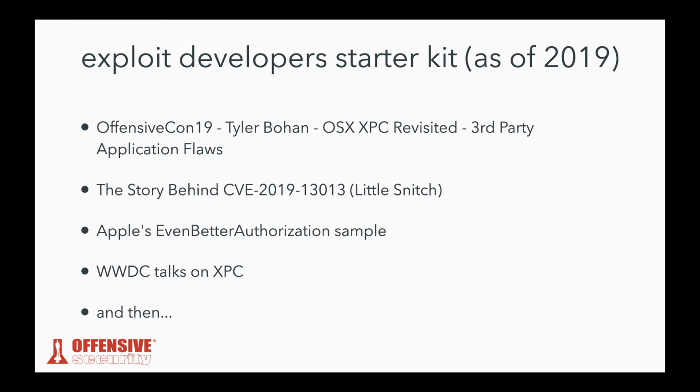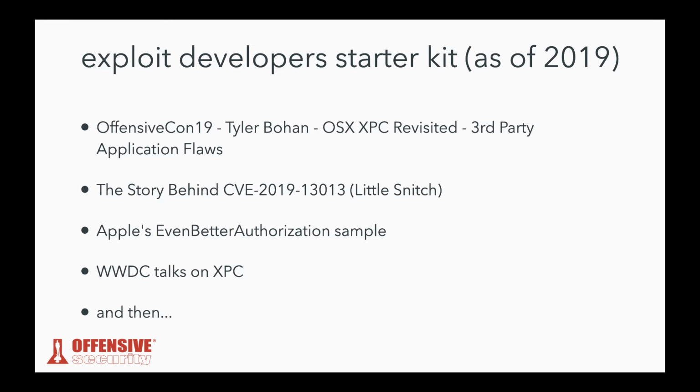So that time, about a year ago, this is what was really out on the internet. There was the article, the story behind CVE-2019-13013, which was about exploiting Little Snitch. Then there was an excellent presentation from Tyler Bohan at OffensiveCon last year in February about exploiting XPC services. Then, of course, we had Apple's even better authorization sample code for how to code privilege helper tools.